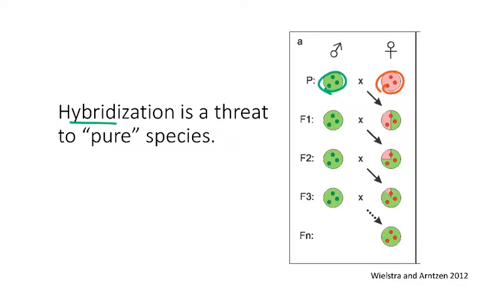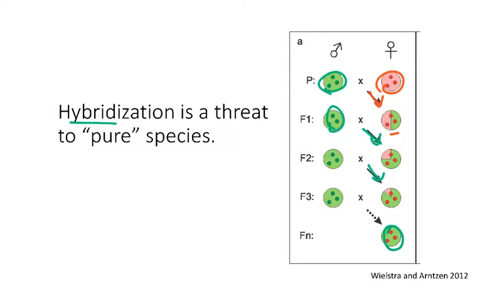What this means, being a threat to a pure species, is it can lead to something called genetic swamping, where essentially if we initially have a hybrid being formed that's half green, half red, if that hybrid keeps mating with an individual from the green population, eventually you're going to end up with an individual that has a mostly green genotype, and the red genotype has essentially been lost. So you've lost that quote-unquote pure species because of this genetic swamping from the green species.